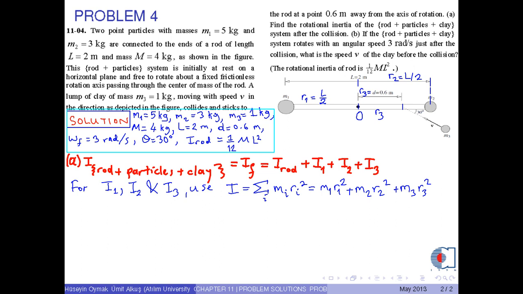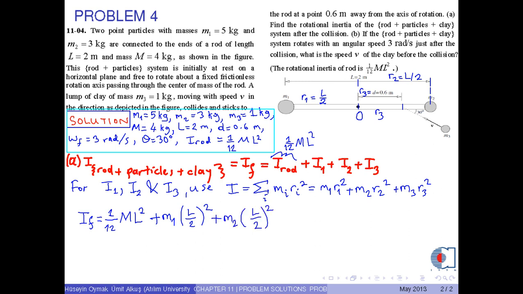Therefore, the rotational inertia of the rod particles clay system after the collision is I_F equals 1/12 times capital M times L squared plus m1 times (L/2) squared plus m2 times (L/2) squared plus m3 times d squared.